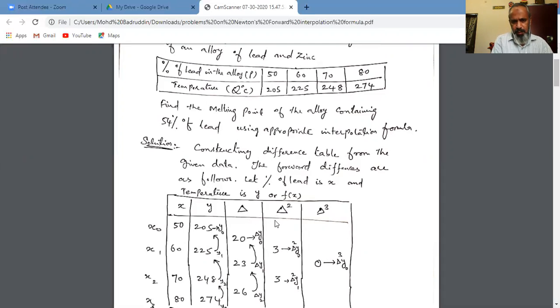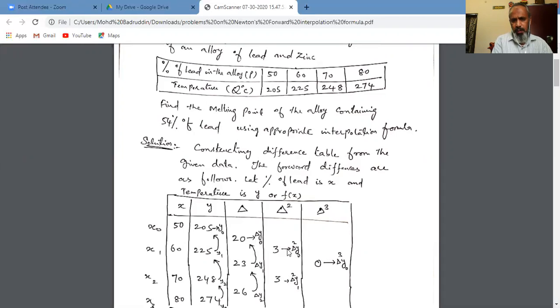Now these are the second order forward differences. Second order forward differences are the differences of the first order forward differences. That means delta Y1 minus delta Y0 is del square Y0. Similarly, delta Y2 minus delta Y1 is del square Y1. 26 minus 23 is 3.